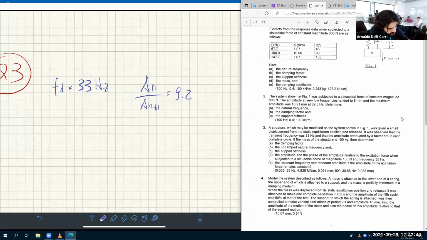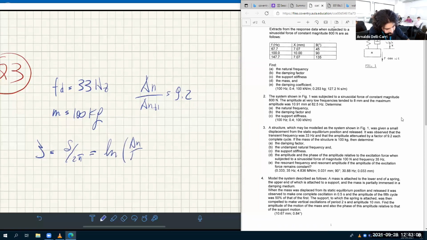If the mass of the structure is 100 kilograms, determine the damping factor. How do I find the damping factor? Zeta is the logarithmic decrement divided by 2 pi, which is the logarithm of An over An plus 1 divided by 2 pi.